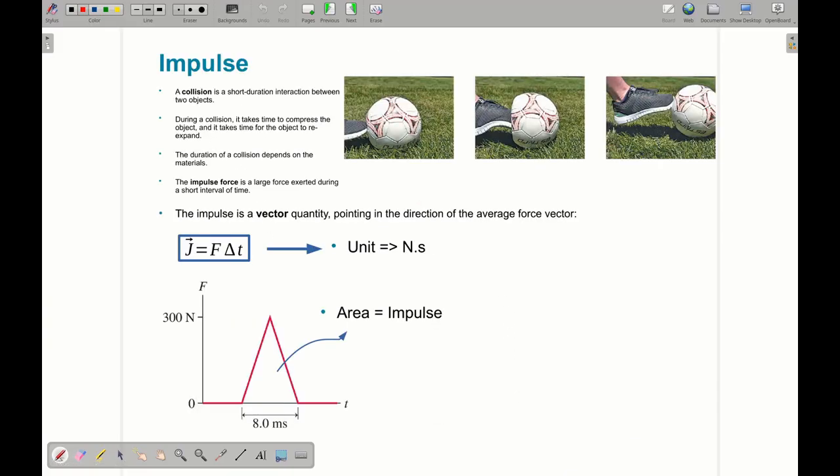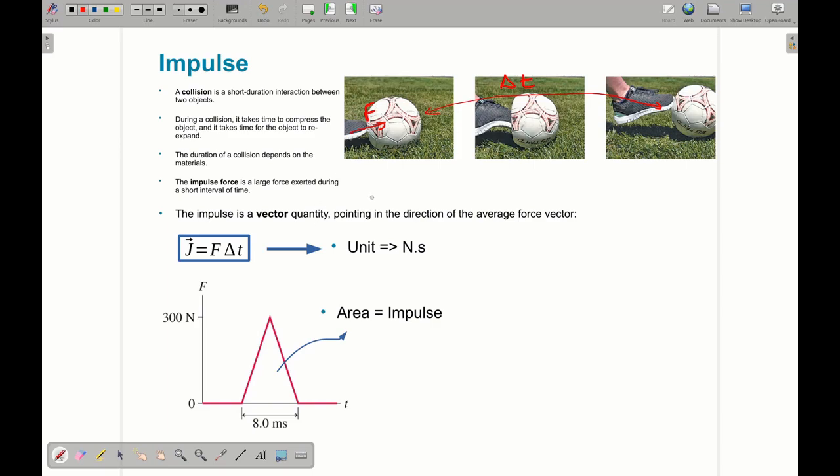So the first idea here is impulse. When you hit a soccer ball, there's actually a certain amount of time you apply your force. You apply a force, the object deforms a little bit. From here to here you have a short amount of time, but there's a certain time we apply that force.